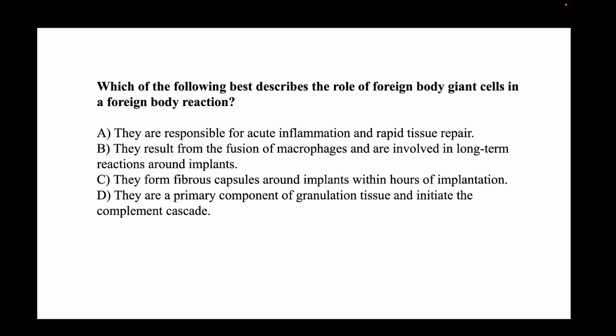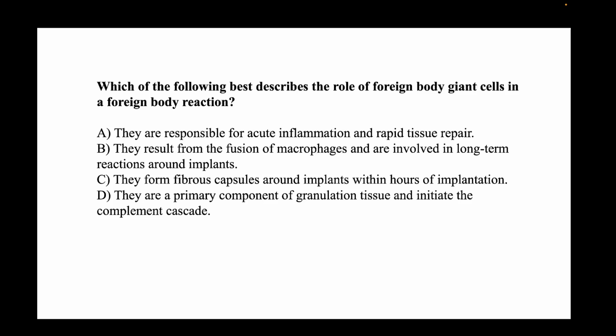The correct answer here would be option 2. They result from fusion of macrophages and are involved in long-term reactions around implants. The foreign body giant cells form by the fusion of macrophages in response to large foreign material such as implants. They are key players in the chronic phase of the foreign body reaction and remain at the biomaterial surface for prolonged periods.